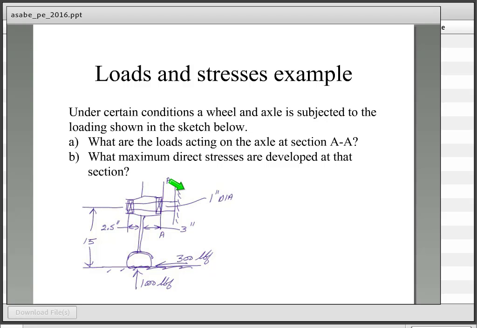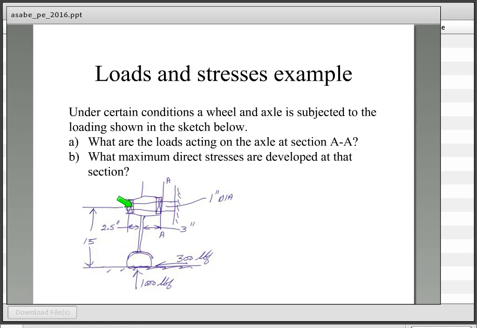Let's look at some combined loads here. I apologize for the freehand sketching, but what we have is an axle which is stubbed into a frame of some sort on a machine, and on that axle we have a wheel which has a tire in contact with the ground.